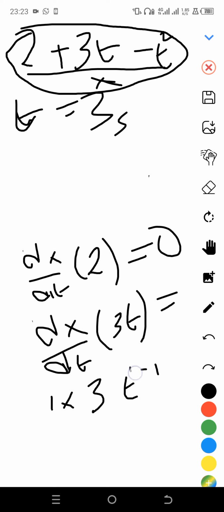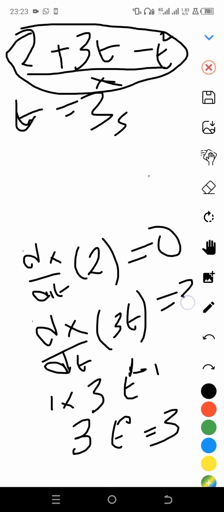To take the derivative, you bring the power down, multiply with the coefficient, then subtract 1 from the power. What's 1 times 3? That's 3, and t to the power 0 is 1. So the derivative of this is 3.